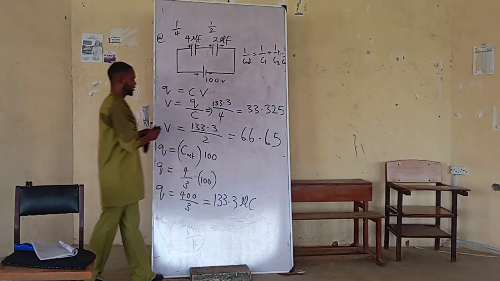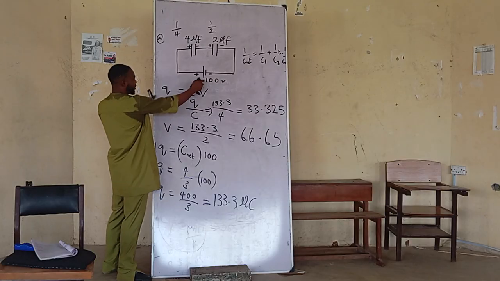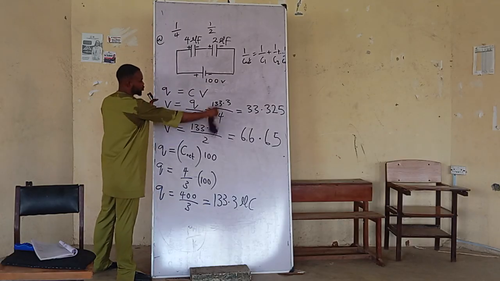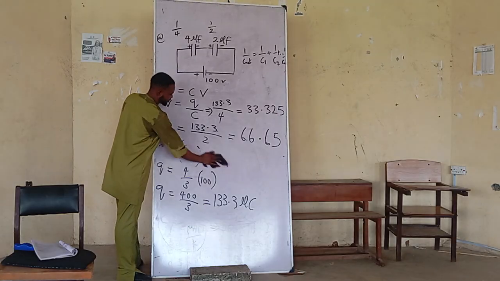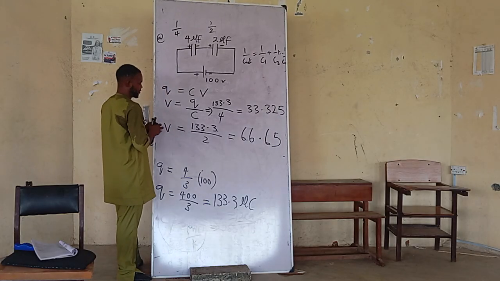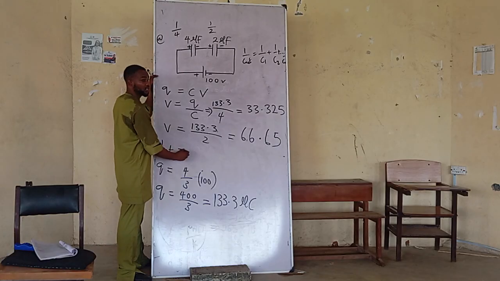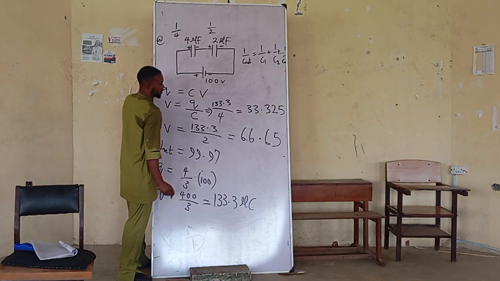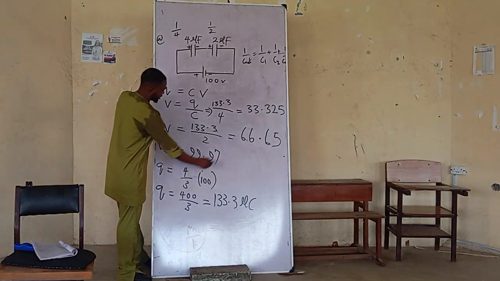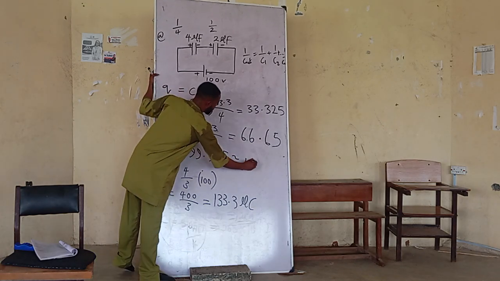Let's check if the two sum up to 100. The sum equals 99.975, which is approximately 100.